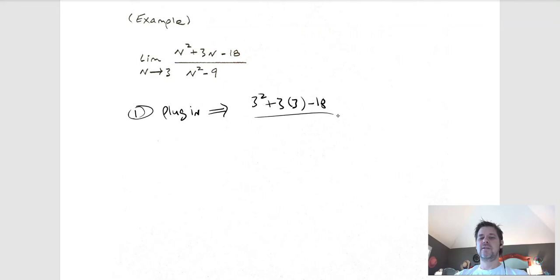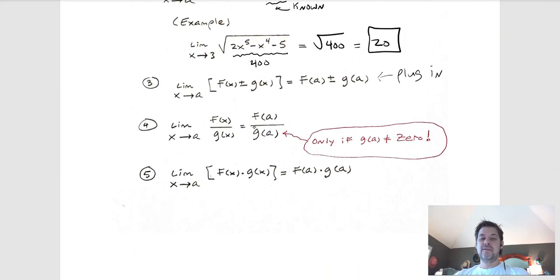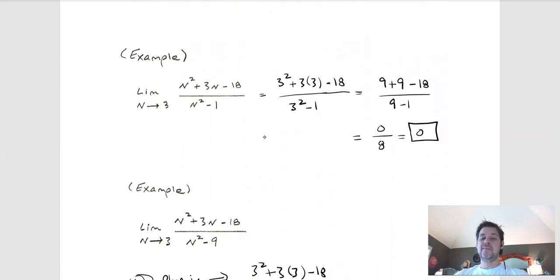And I know I already worked that out, but I'm going to pretend that I haven't. And then 3 squared minus 9. Okay, so that's what plugging in gives me. Let's see if that's okay. If this gives me something that can be calculated, that will be my answer. If it gives me some division by 0, then it won't, and I might have to attempt something else.